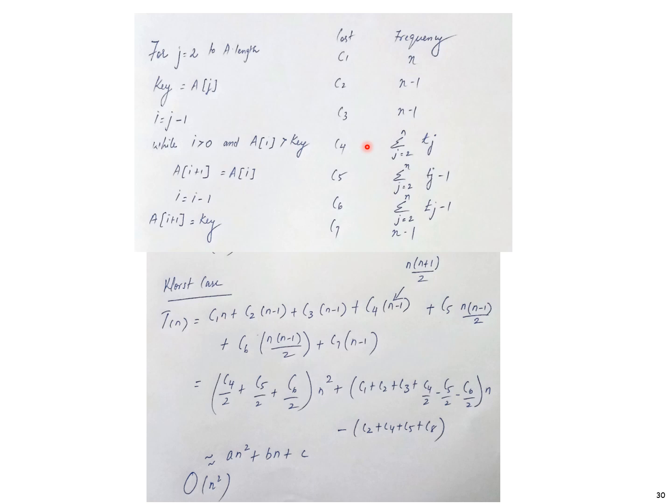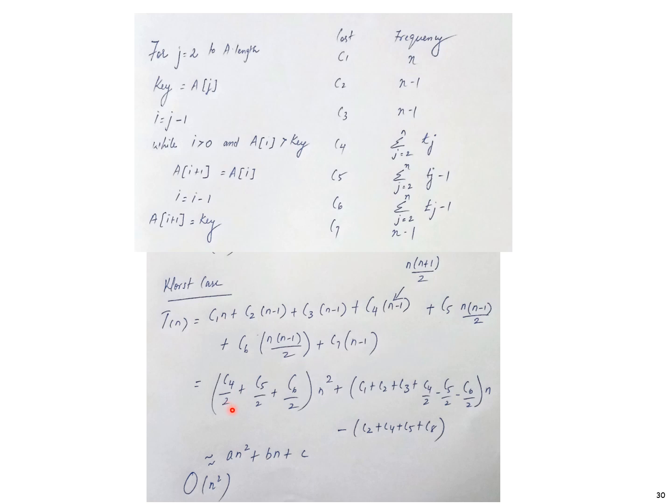So this comparison is happening n into (n plus 1) by 2 times, and instead of n we substitute n into (n plus 1) by 2. These are inner statements to the while statement, so instead of n we use n minus 1, that is, n into (n minus 1) by 2. Similarly, these two inner statements happen n into (n minus 1) by 2 times. Plus the final statement, C7 into (n minus 1).